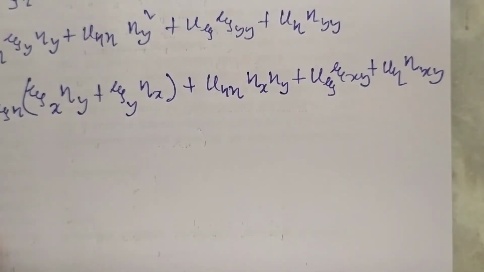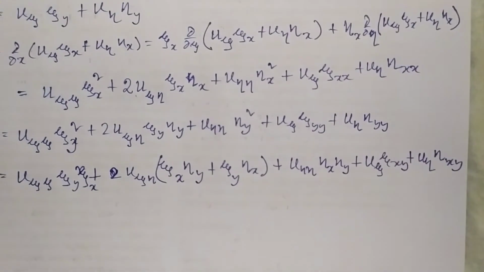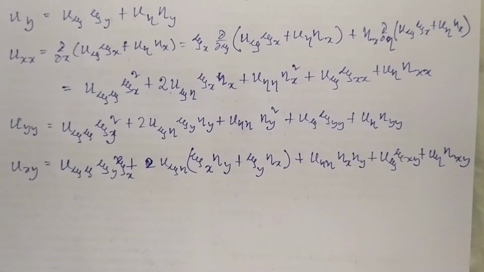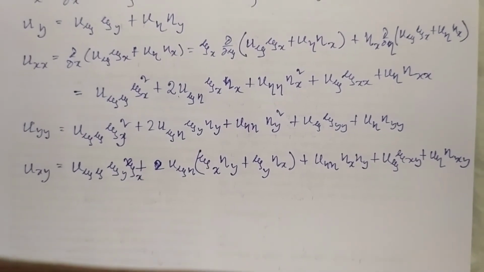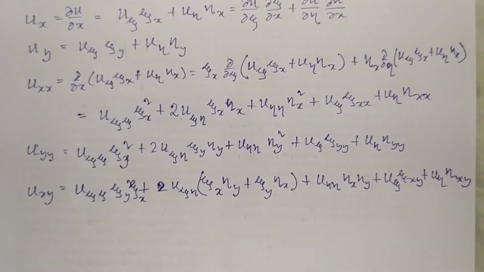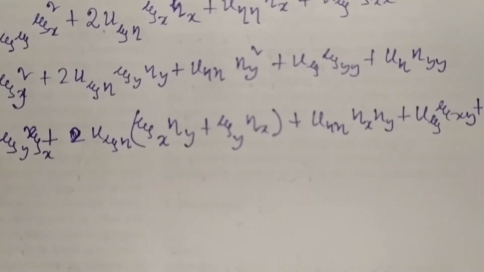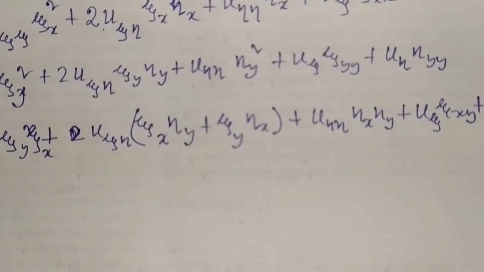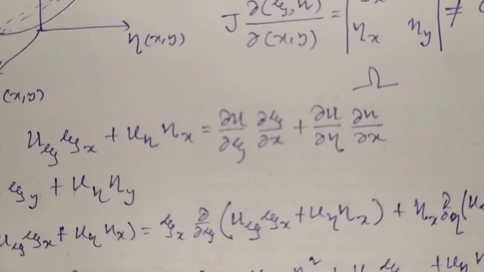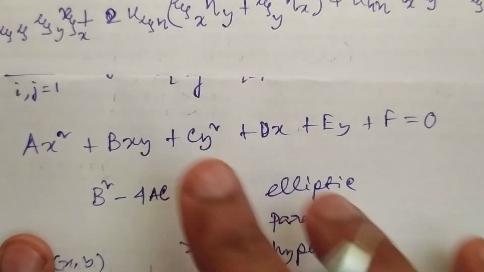So we have converted all these differentiations, not with respect to x and y, but now we have written all the things with respect to eta and xi. Now we can incorporate the whole part in the given partial differential equation, that is in this equation.